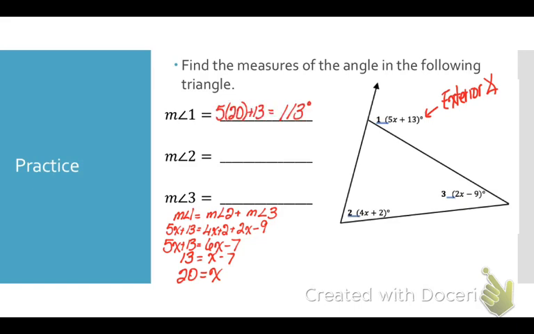So for the measure of angle 1, I put 20 back into 5x plus 13 where the x was. So 5 times 20 plus 13 is 113 degrees. When I put 20 in for x in the measure of angle 2, I get 82 degrees. And when I put 20 in for the expression for angle 3, I get 31 degrees.